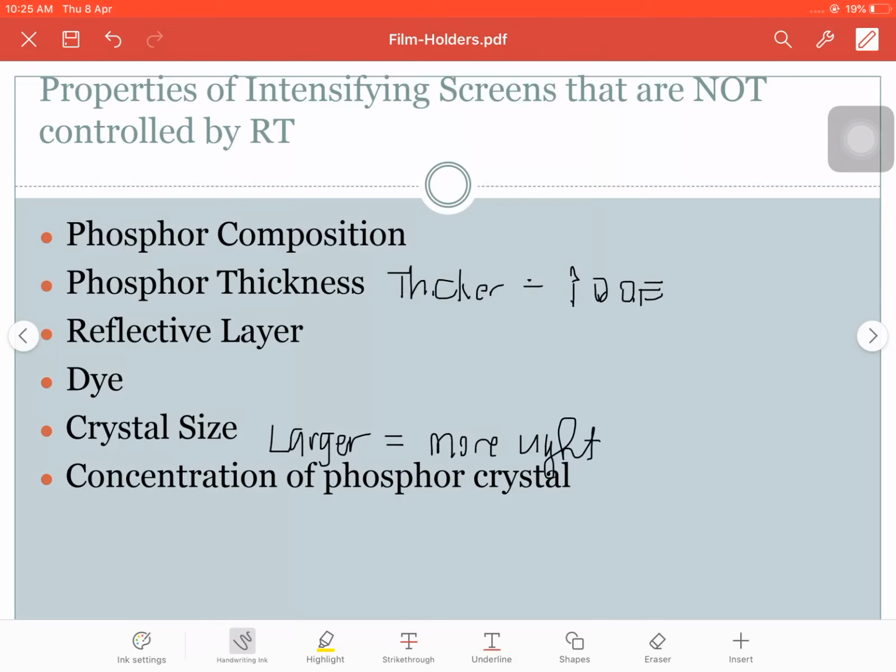Crystals of fine detail screens are approximately half of high-speed crystals. And last is concentration of phosphor crystal. Higher concentration, higher screen speed. Again, these are the properties of the intensifying screen that are not controlled by RadTech, but are based on the manufacturer of the screens.